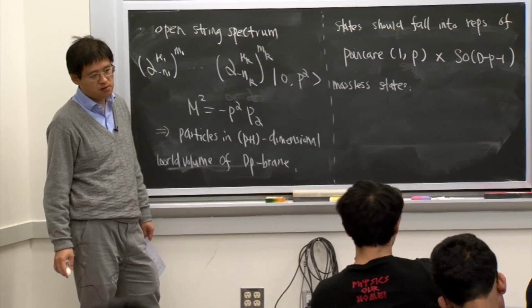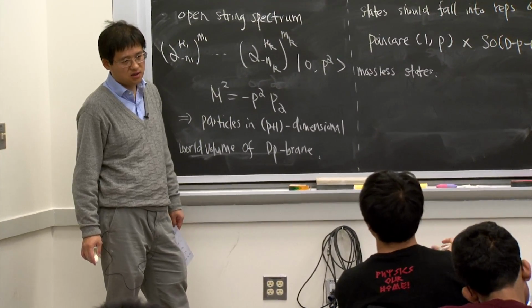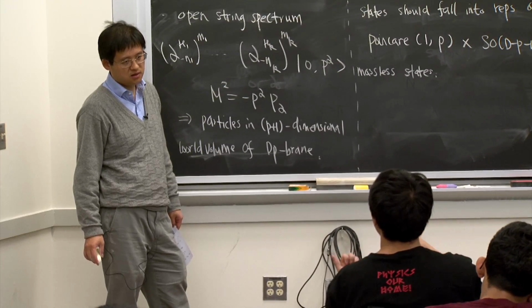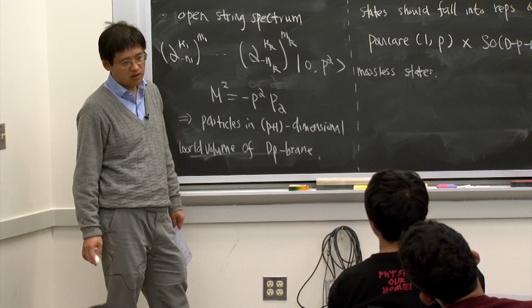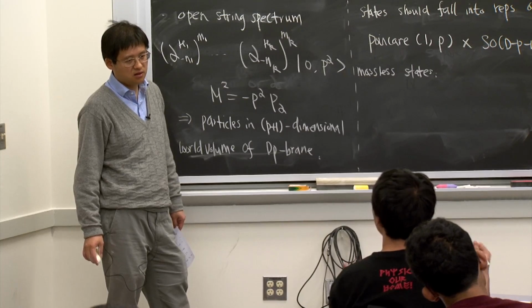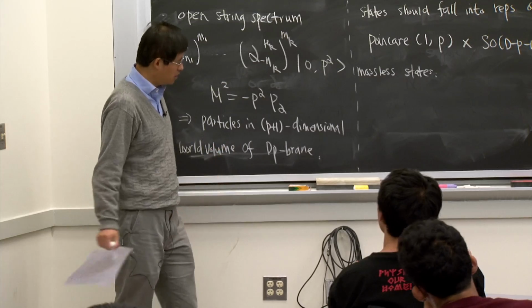Yeah, that's when we see the particles in the p plus 1 dimensional world volume. But you know that in quantum field theory, the particle is a very local object. But the open string can have one end of the open string located at one point, but not the other one located very far away. But is that picture the same as the particle? No, that's a good question.